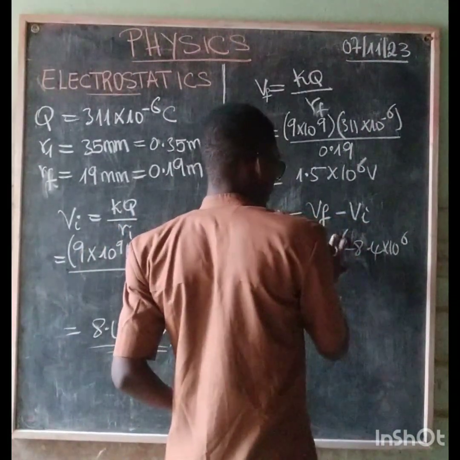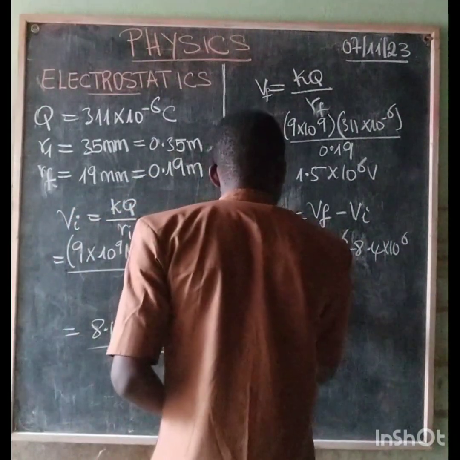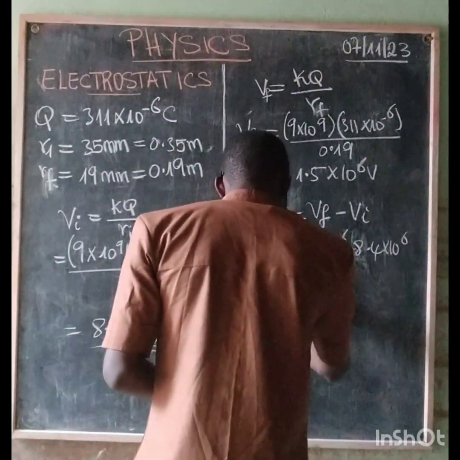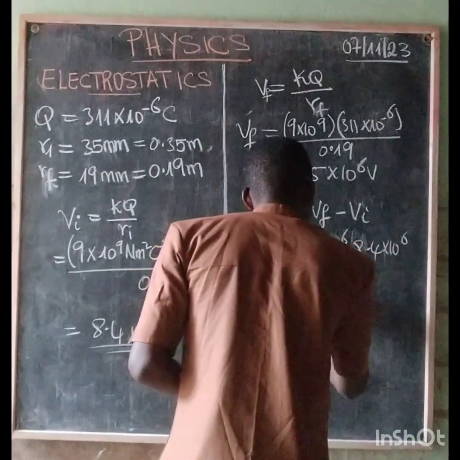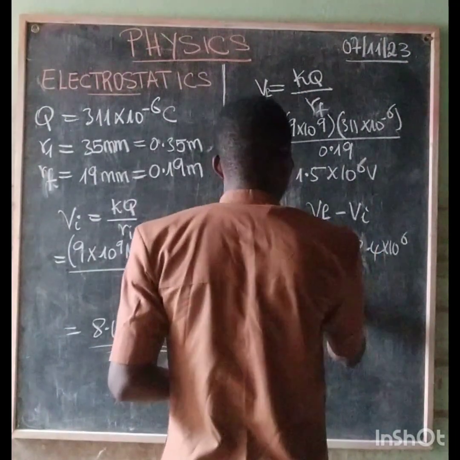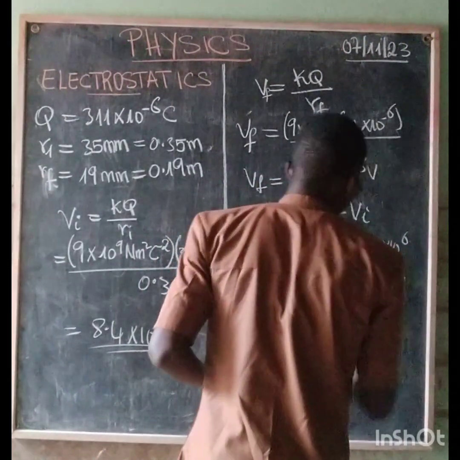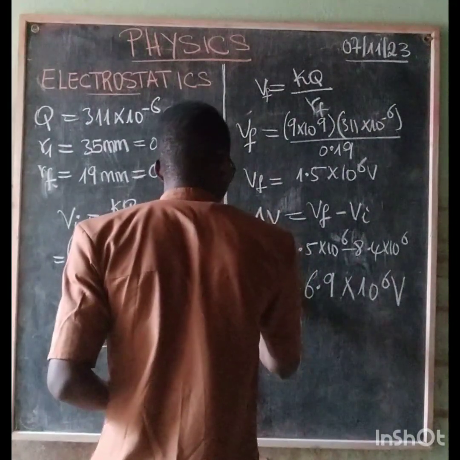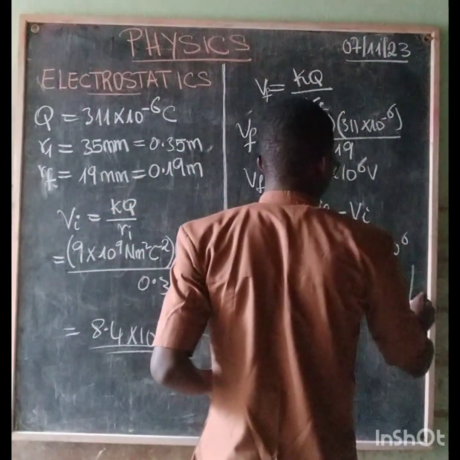Okay, so the change in potential is going to give us negative 6.9 times 10 to the power 6 volt. That is the change in electric potential.